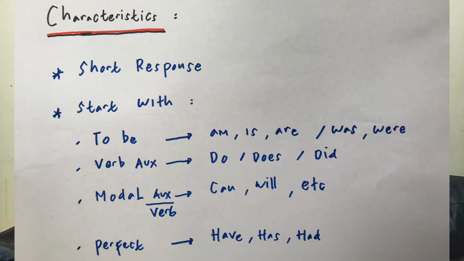We can also start a yes-no question with modal auxiliary like can, will, etc. If the sentence is in perfect tense, we can also use have or has or had to start a yes-no question.